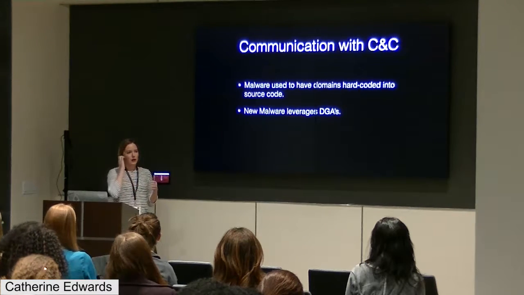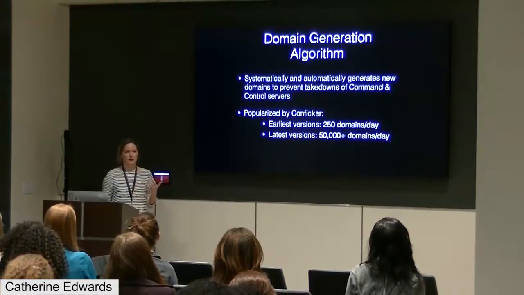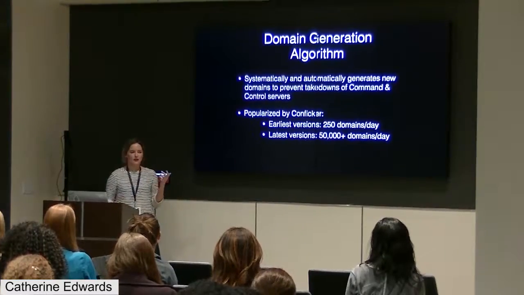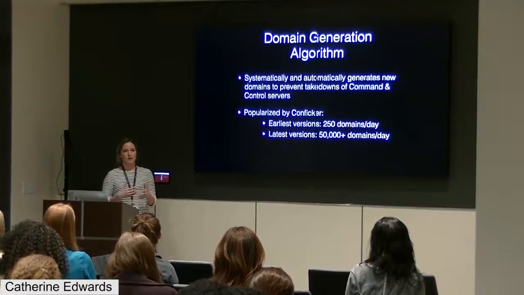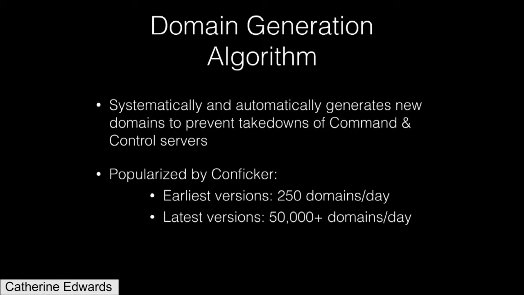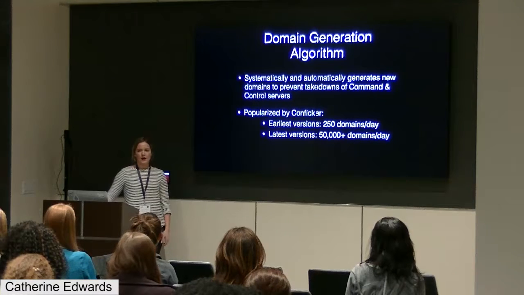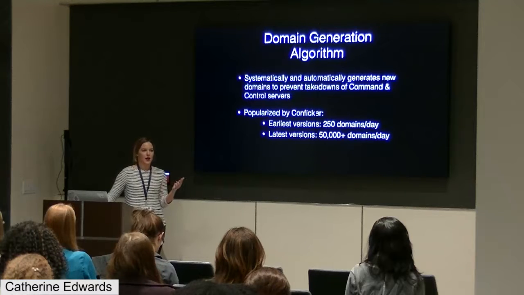So newer malware leverages something called DGA, which is a domain generation algorithm. Essentially, it automatically generates new domains on the fly, which prevents you from being able to take down those command and control servers easily. These were popularized first by Conficker. The earliest versions were only producing about 250 domains per day, but now the latest versions are producing over 50,000 domains per day.